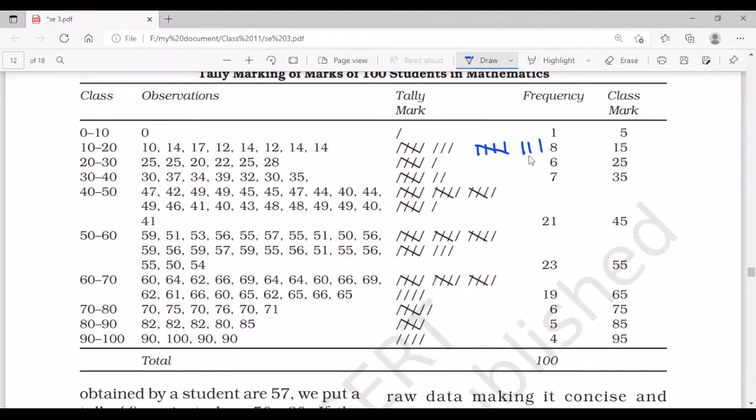So this is 8. So you can see there are 8 frequencies. So how many are in 20 to 30? 1, 2, 3, 4, 5, 6. You can see it is 6. So we do the tallymarking as 1, 2, 3, 4 and 5 and 6. You can see this. Okay, so this is an easy part, I guess.